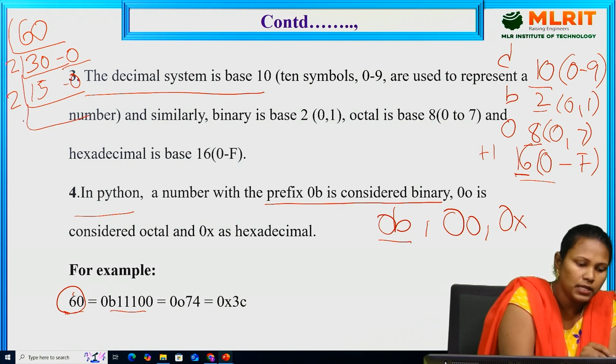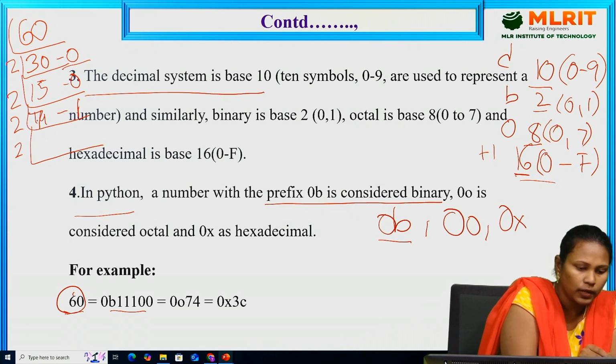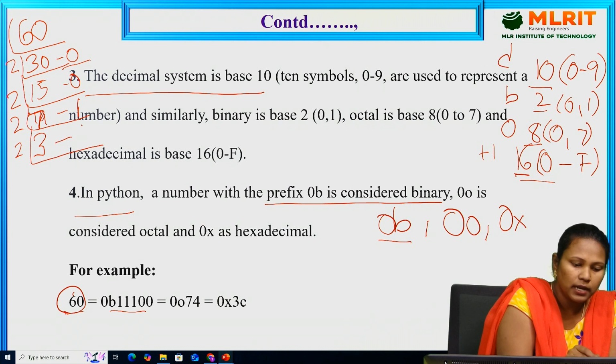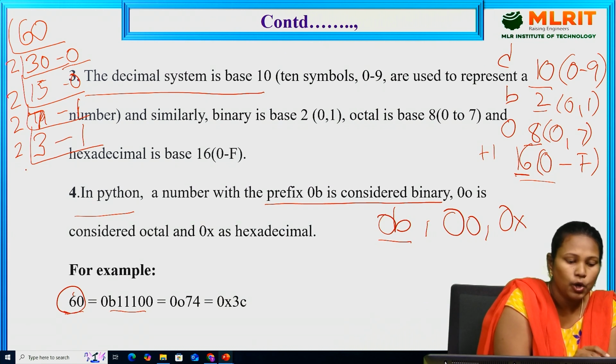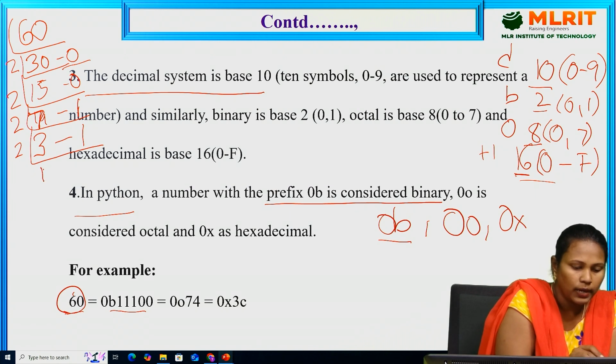Next, 15 is not divisible by 2, but 14 is, and the remainder is 1. Now 14 divided by 2 is 7, again with remainder 1. Then 7 divided by 2 is 3 with remainder 1, and 3 is divisible by 2 one time with remainder 1.